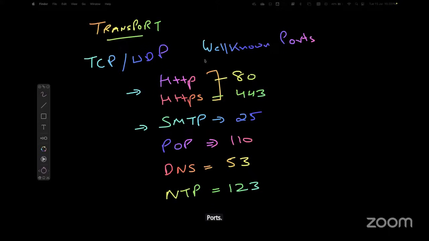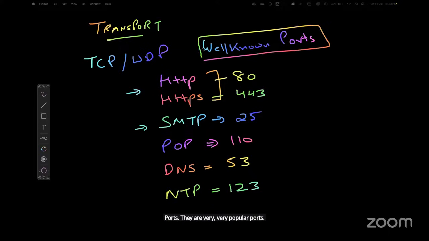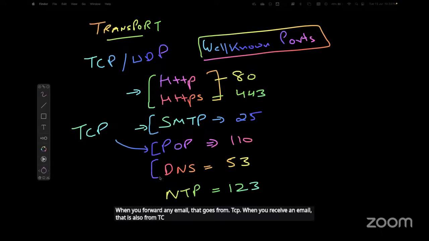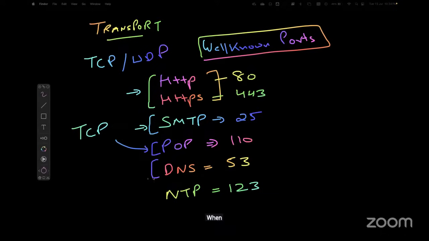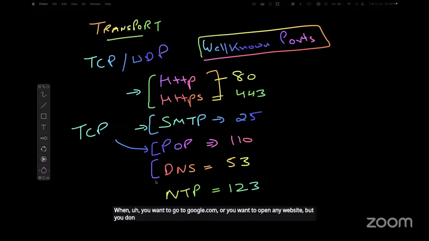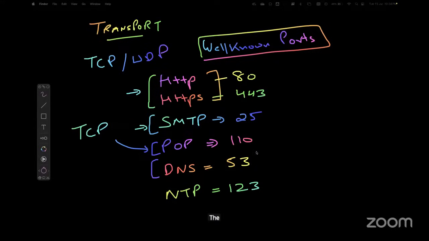They are very popular ports, and whenever you open any website, all that traffic goes via TCP. When you forward any email, that goes via TCP. When you receive an email, that is also via TCP. When you want to go to google.com or open any website but you don't have the IP address, DNS will find the IP address for you.